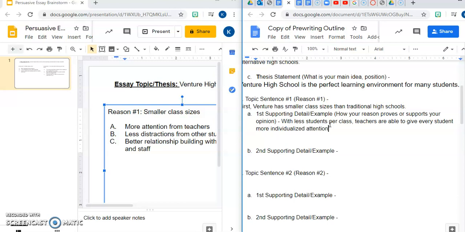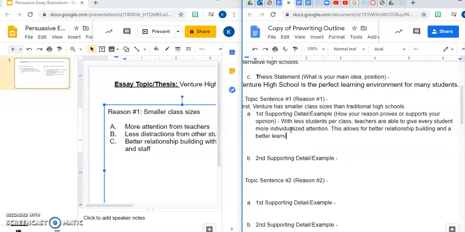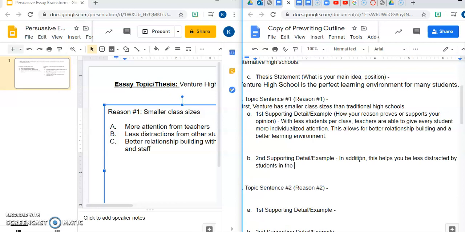And I might even put these two, my A and my C, together. This allows for better relationship building and a better learning environment. You don't have to do it that way, but those two kind of went together to me in my mind. I'm going to use another transition word. In addition, this helps you be less distracted by students in the classroom.